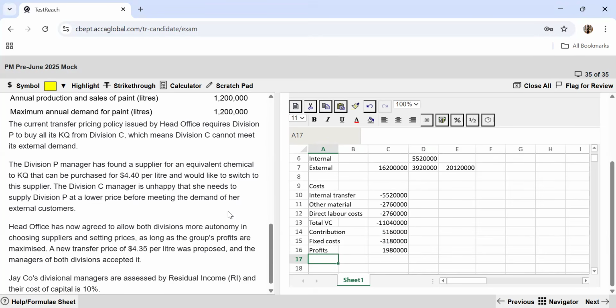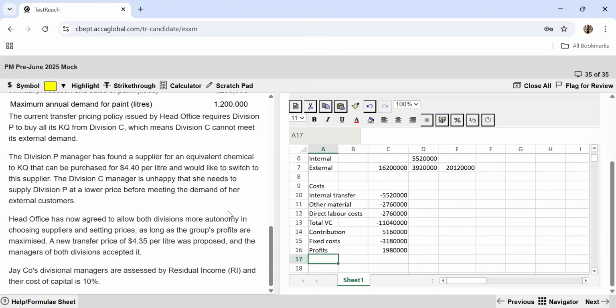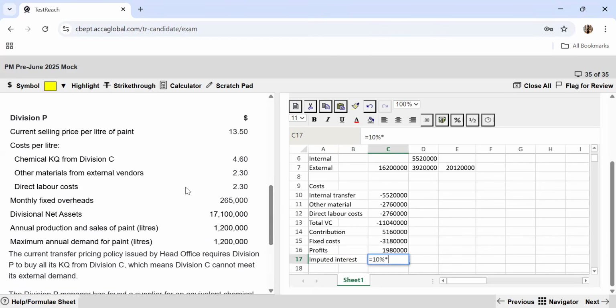And then we do not have to stop at just the profit. The managers are evaluated over residual income. So for the residual income, I have to subtract the imputed interest from my profit. Imputed interest is going to be 10% multiplied by the capital employed. The capital employed for division P is given to us as 17.1 million.